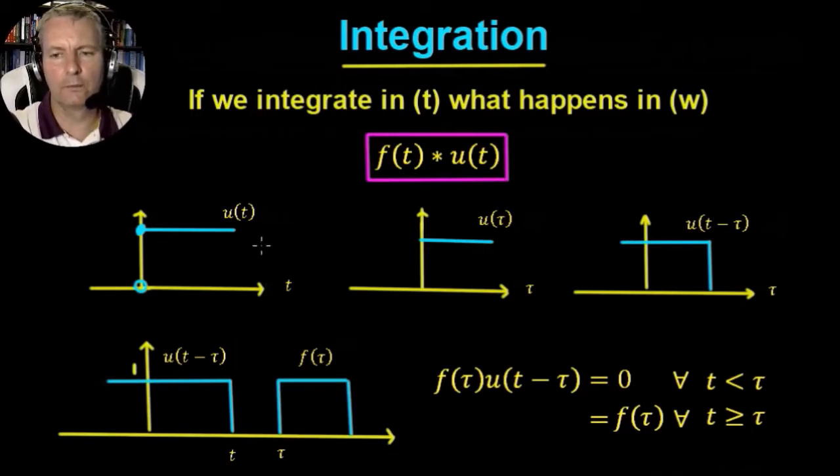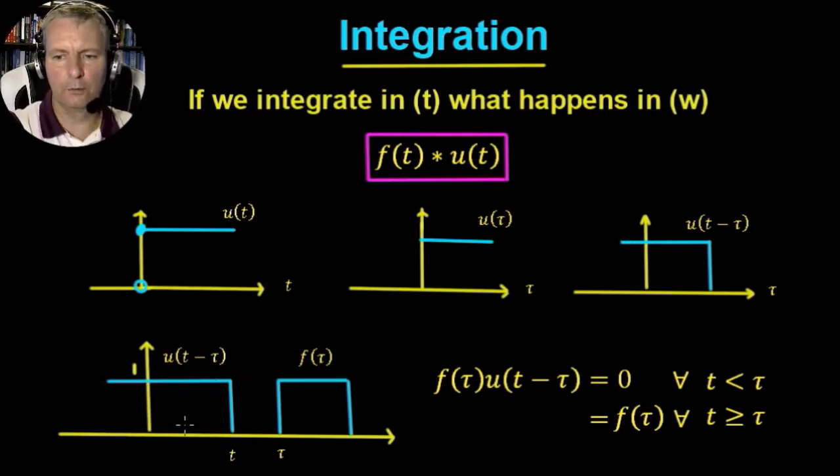So let's do that with the u of t. Rather than u of t, we'll call it u of tau. This axis becomes tau. We then flip this on the axis and this becomes u of t minus tau. So we're adding on little increments here and it moves along this tau axis. So this heads off to infinity in the negative direction here.